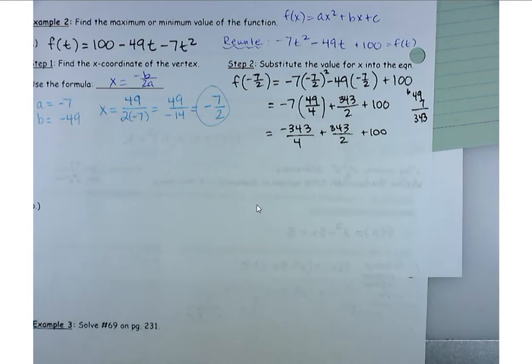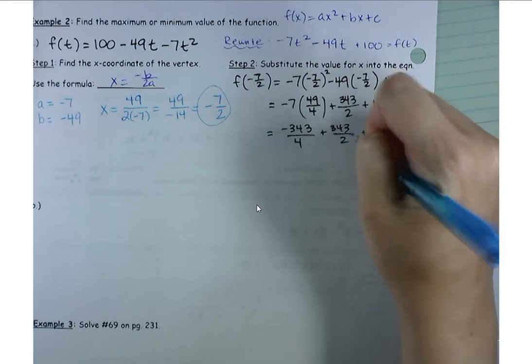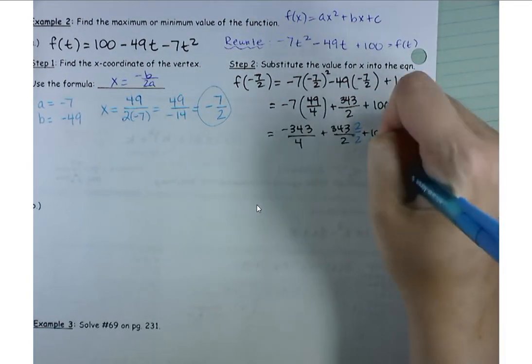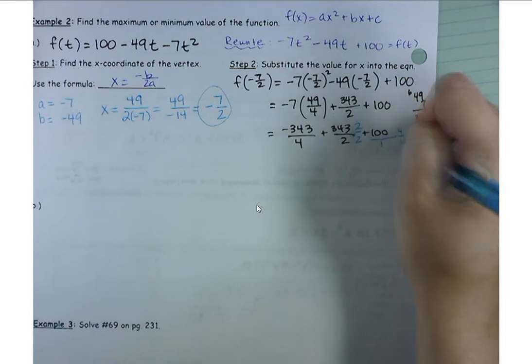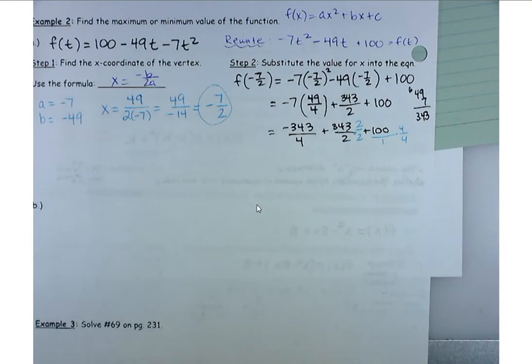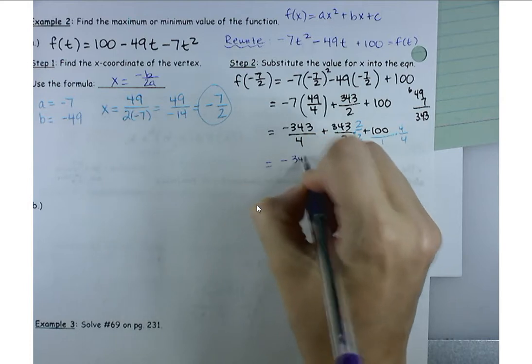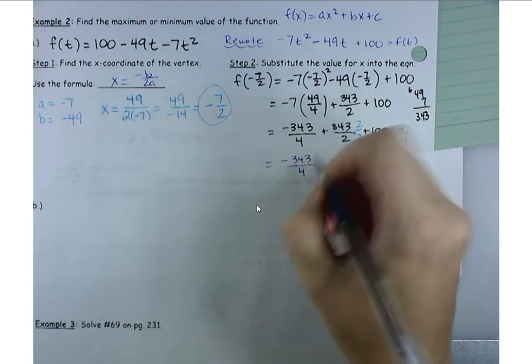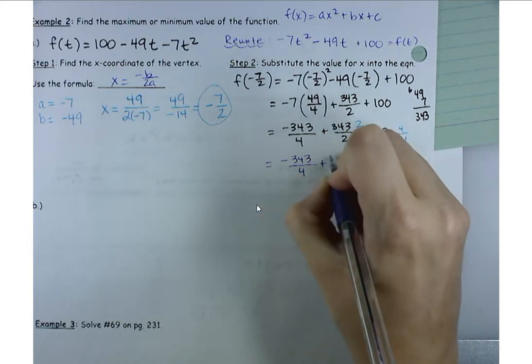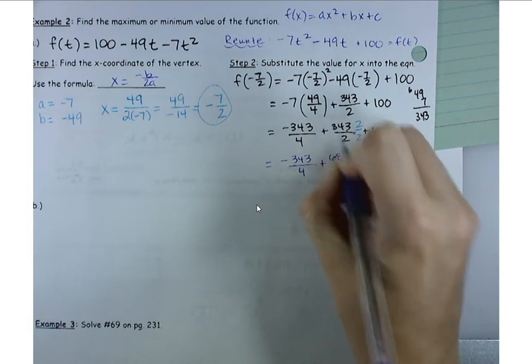So if I'm going to add fractions together, what do I need? Common denominator. What's my common denominator? 4. So this is times 2 over 2. This would be times 4 over 4. So you have -343 over 4. What's 343 doubled? 686. You just double each one of those numbers.